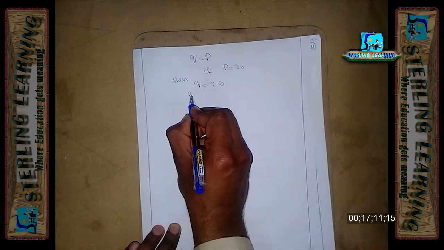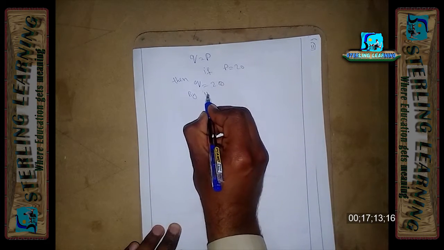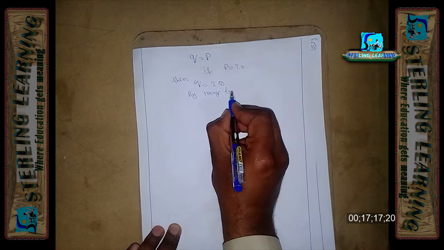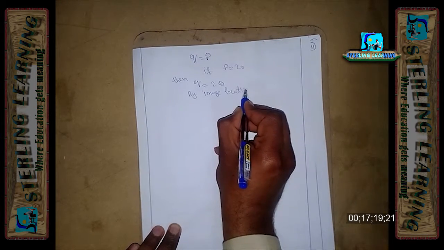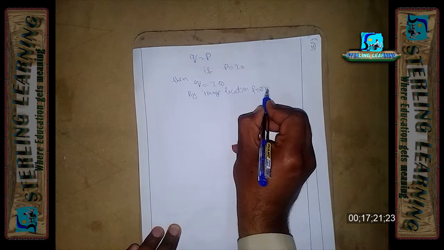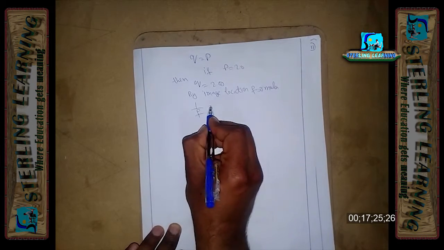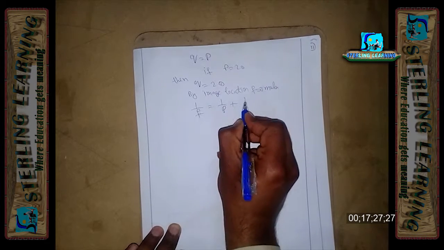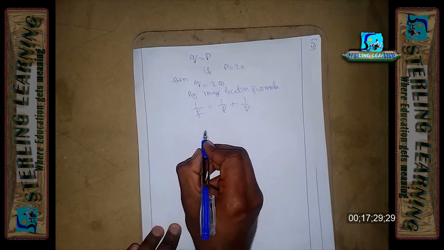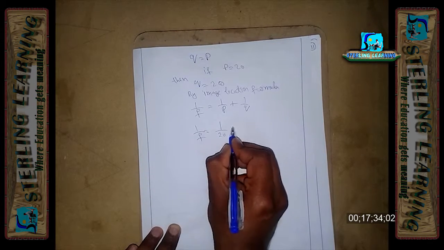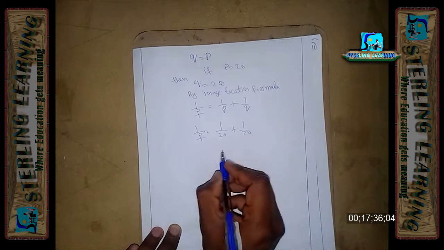So by the image location formula, we have 1 over F is equal to 1 over P plus 1 over Q. 1 over F is 1 by 20 plus 1 by 20.